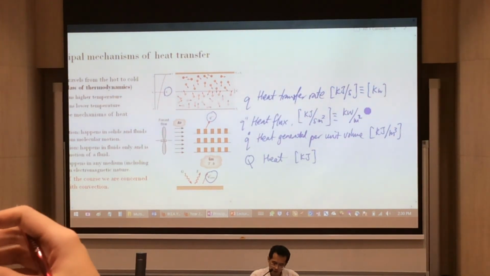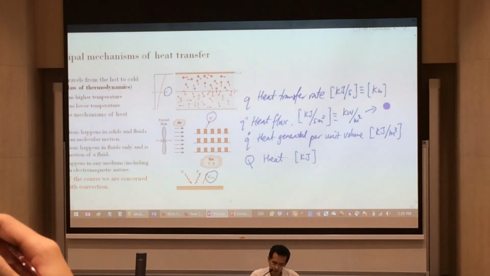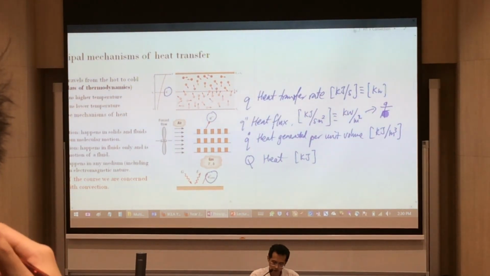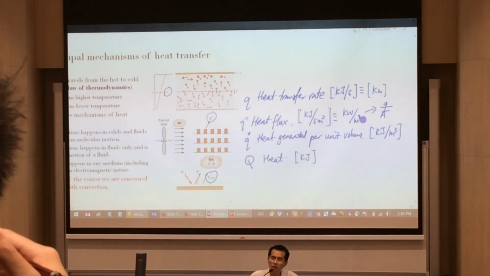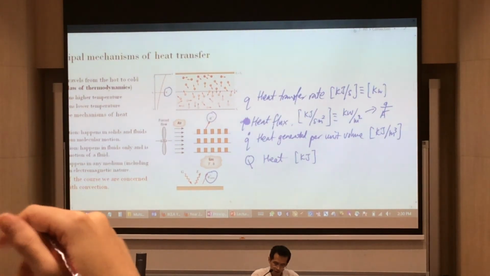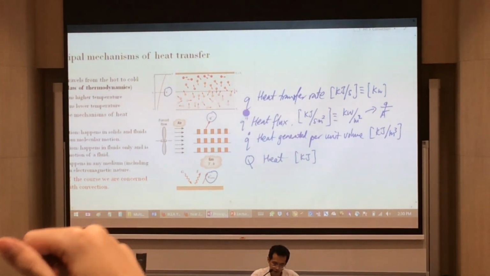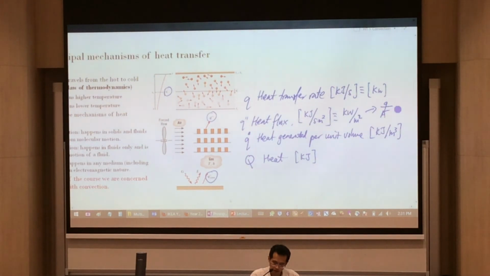So this part over here with this units, you could look at it, it's actually equal to Q over A. Because Q here has a unit of kilowatts, area meter squared. So this Q double prime is actually equal to Q over A. They are equal.